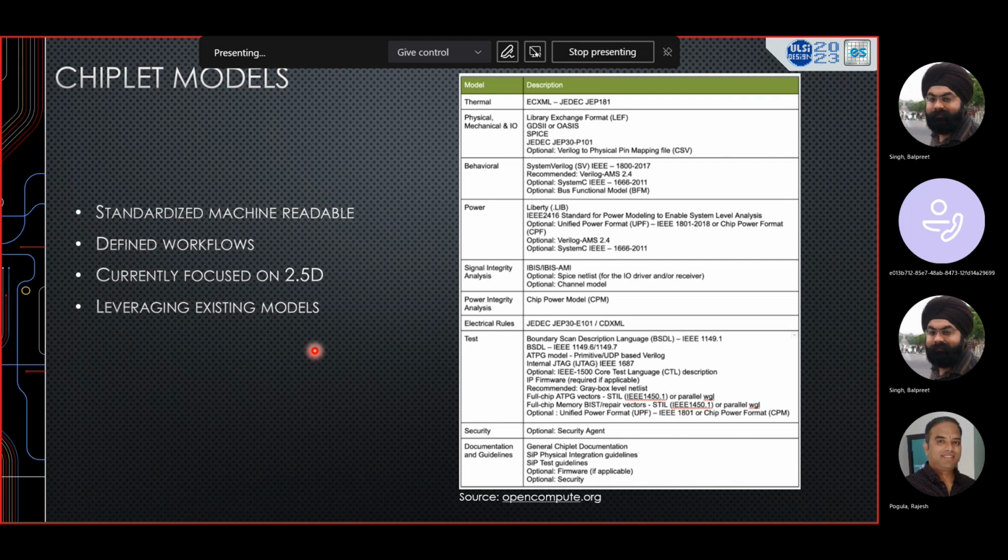As I was talking about earlier, how important data exchange format is going to be to enable this chiplet ecosystem, right? So that's why they are leveraging the existing standards, trying to create those models as of today. And today they have enabled it for 2.5D, right? And they're going to extend it to 3D eventually, right?